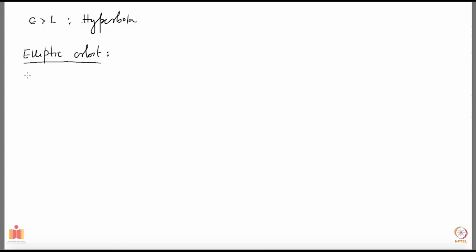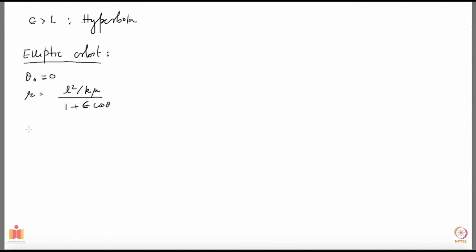So first, for a moment, I'll put theta naught to be 0. I'll come back to the theta naught business later in a moment. And if I do so, then my R is L square over K mu, over 1 plus epsilon cos theta. That's good.